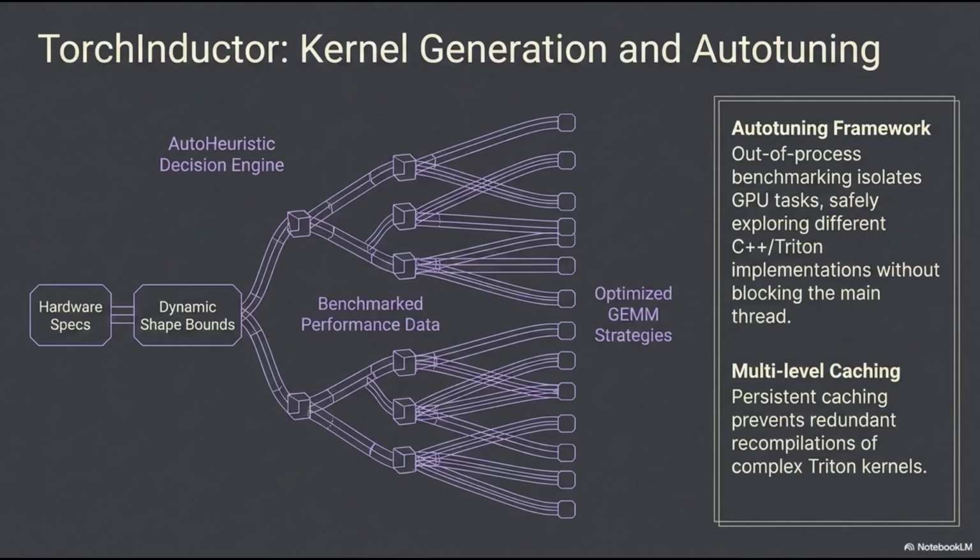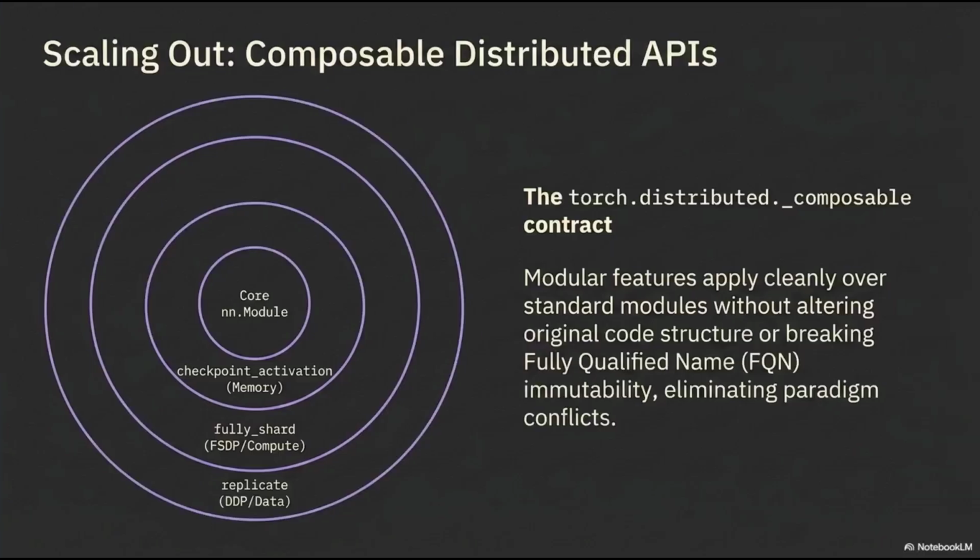executions of similar operations. This visual represents the layered approach to scaling out with composable distributed APIs, built upon the fundamental NN module core. Moving outwards from this base, we introduce checkpoint activation for optimizing memory usage. The next concentric layer, fully shard, signifies the application of fully sharded data parallel, or FSDP, for distributed computation.